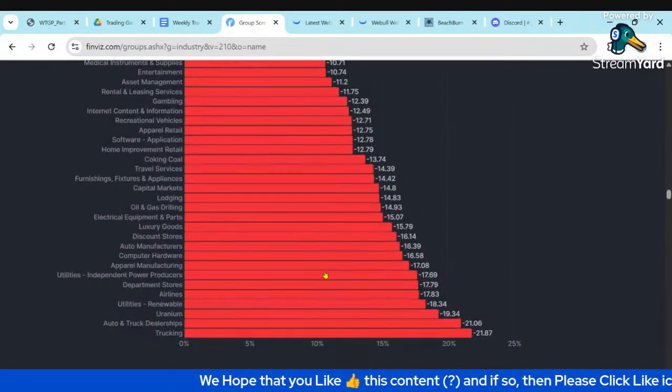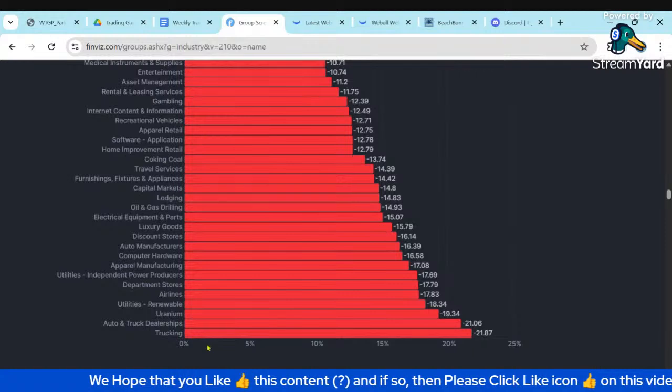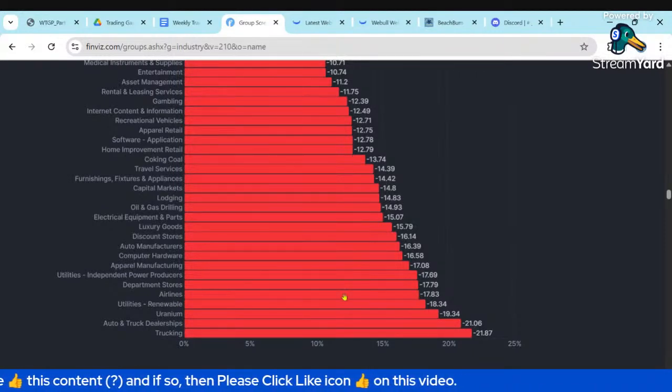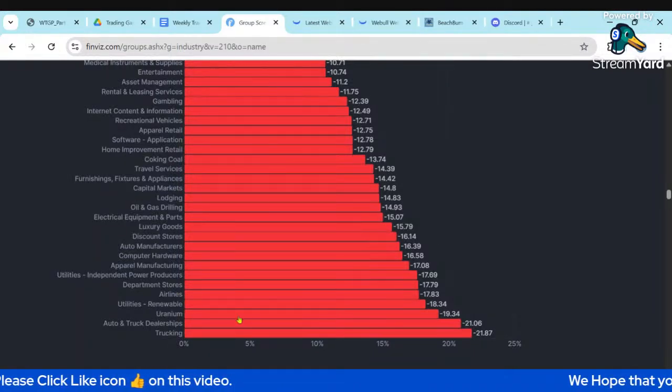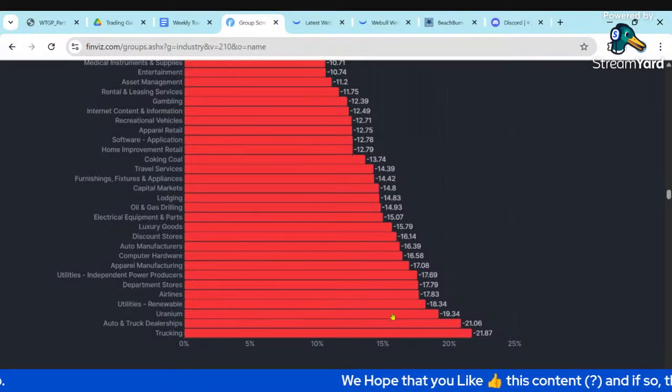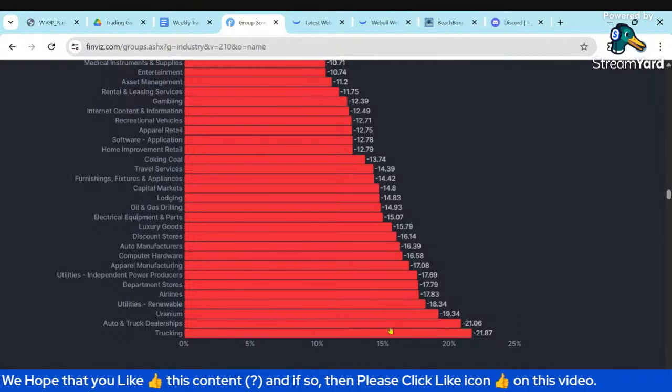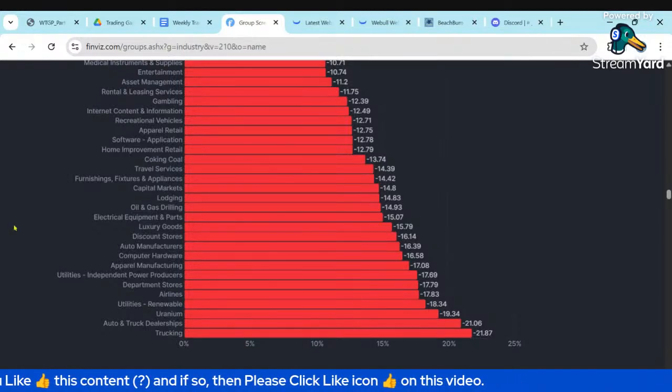Coking coal as well, we've been talking about. Airlines, again, warnings by Delta, etc. So big dip in the airlines and travel and leisure stocks. Uranium very negative for the month. So again, opportunities we'll talk about again in uranium. Transports. So again, concern for future recession.